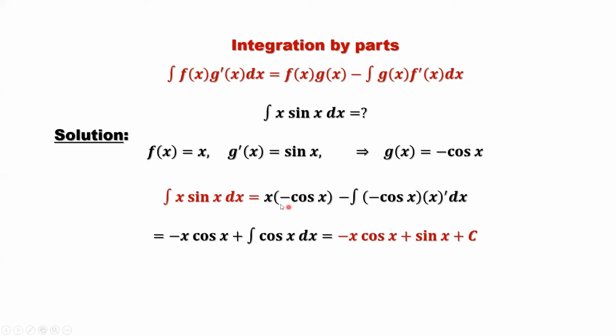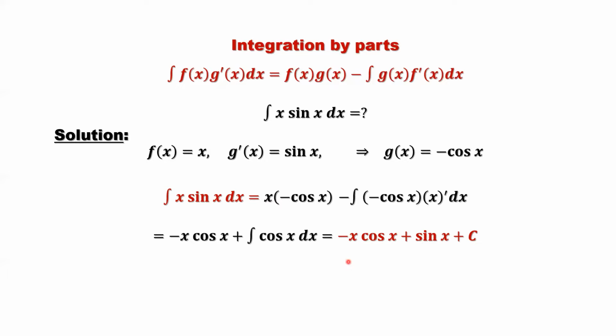This equals negative x times cosine x, and the negatives cancel each other. That's cosine. The derivative of x equals 1, it disappears. The integral of cosine equals sine x. Don't forget the constant c. The integral equals this.